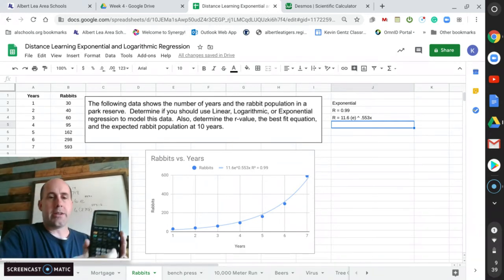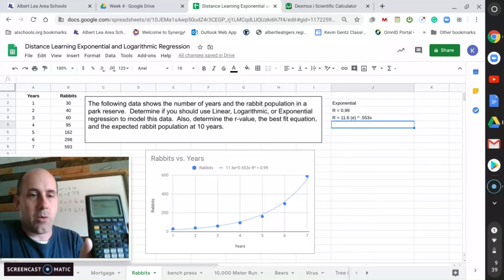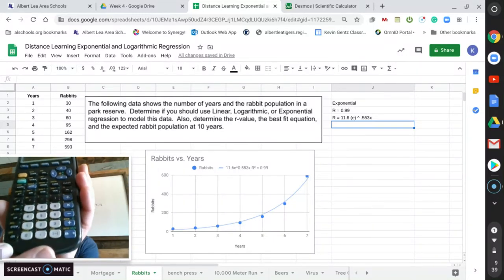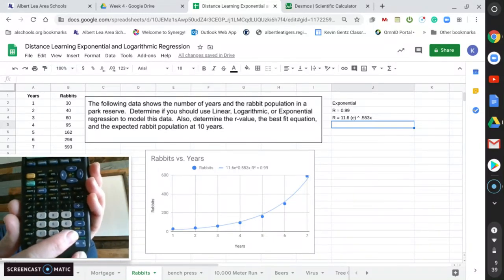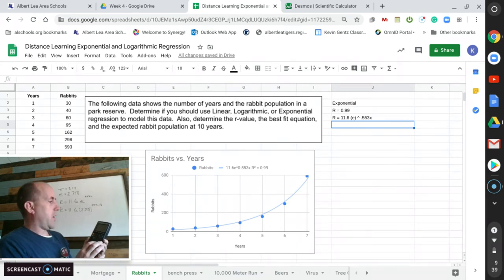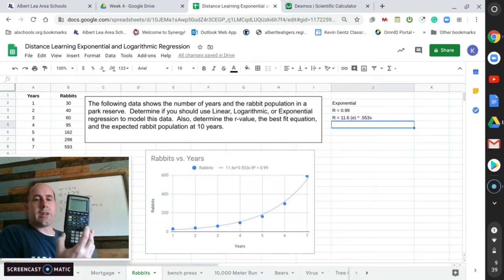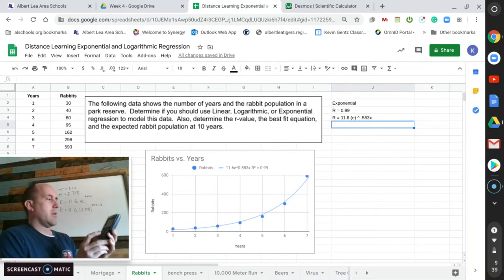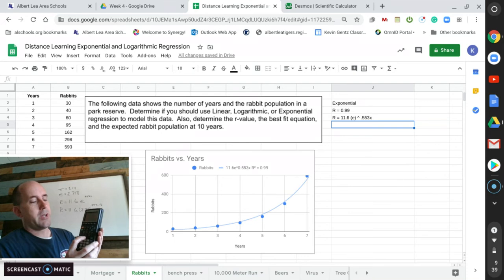And as I go ahead and type that into my calculator, if you want to use one of these instead, you could see that in this situation, E, well, you could just type in 2.718. So 11.6 times, parentheses, 2.718 raised to the, you use this caret key right here, raised to the, and then I like to always put whatever I'm raising it to in parentheses, so make sure it does that by itself.